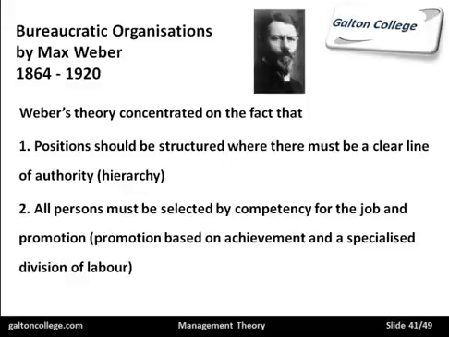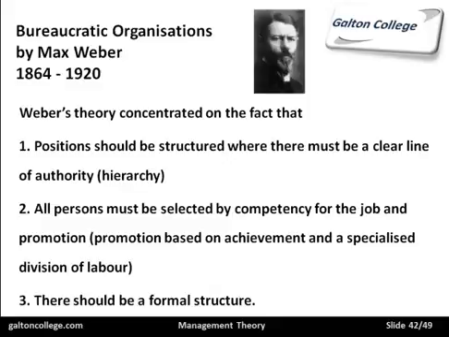And the persons must be selected by competence for the job and promotion. So the promotion is based on achievement, and a specialist division of labour develops. So the people who are promoted are not friends of the boss, friends of the manager. The people who are promoted are the ones who are best for that particular task, who have an aptitude, who have qualifications and skills in that area.